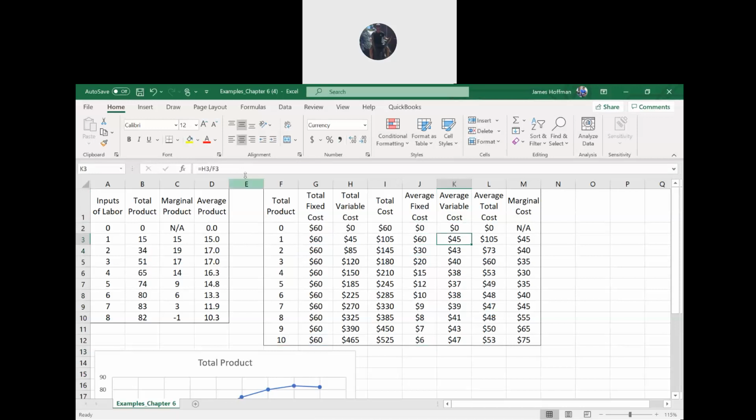Average variable cost, what we're doing is taking the total variable cost and dividing that by output, at each stage. Average total cost, take the total cost and divide that by output, and that's your per unit total cost.